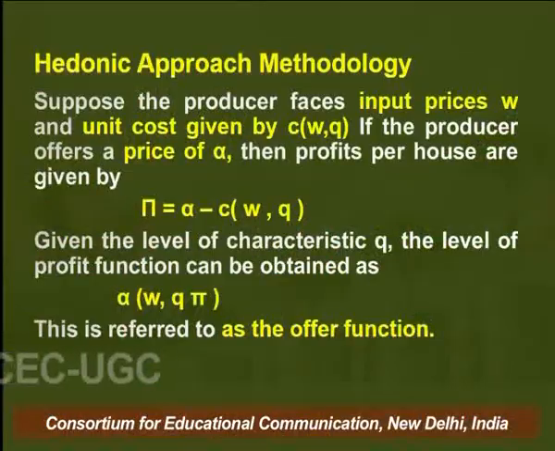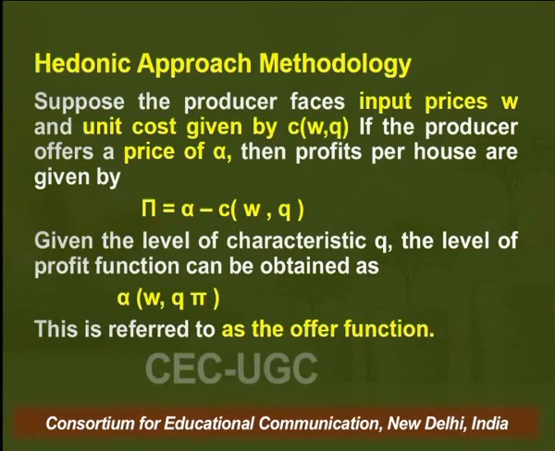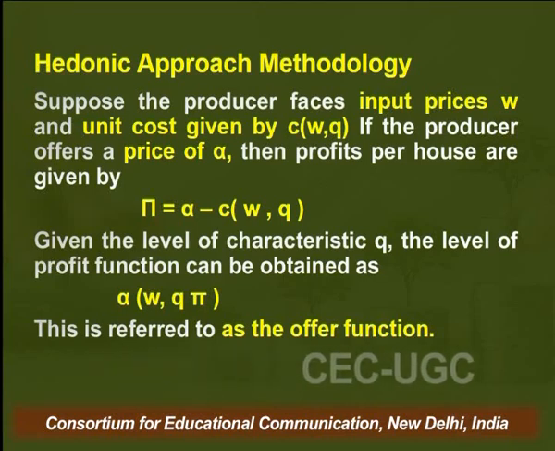If we consider a producer with a given cost structure, assuming it follows constant returns to scale, deriving the cost of producing one house of characteristic Q will be our main aim. If the producer offers a price alpha, then the profit per house is given by pi.